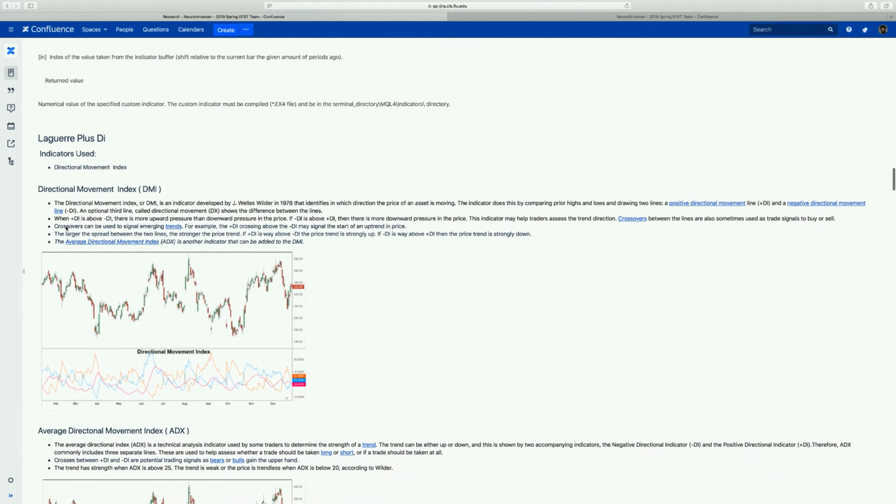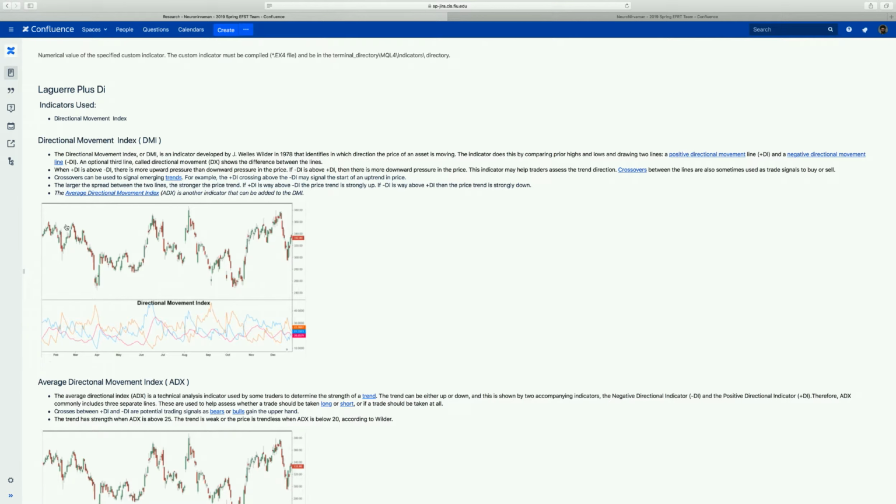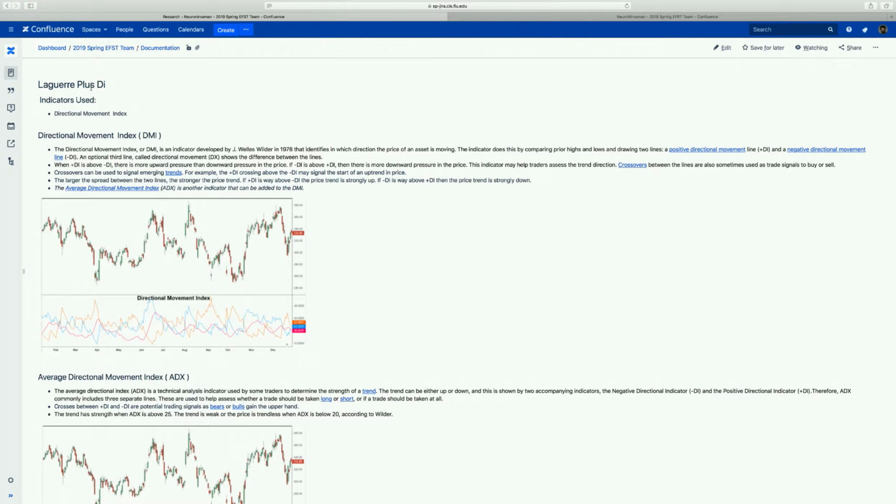The first one we run into is the Laguerre plus DI. This has the most information, and there are a lot of interesting concepts that come up. The Laguerre plus DI depends on the directional movement index, so I thought I would talk about it. The directional movement index draws two lines: a positive directional movement line, which is the plus DI that the title of the indicator refers to, and a negative directional movement line.